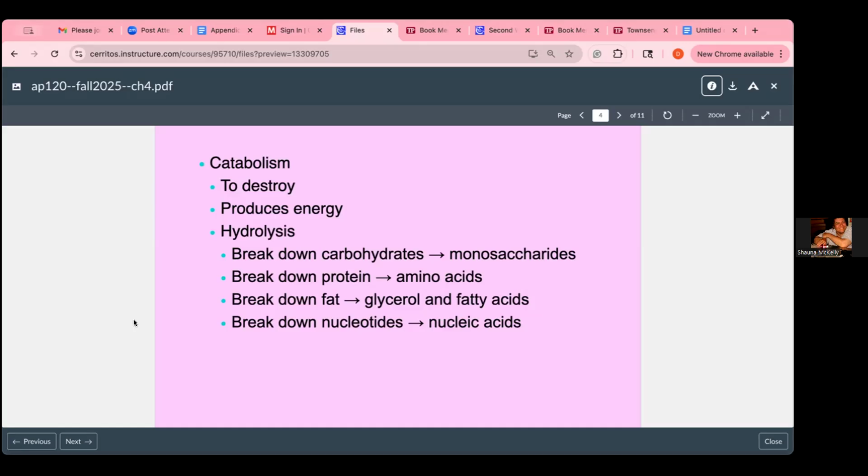Glycogen, because that's what your instructor said. Okay, so now this type of reaction here, the dehydration synthesis, I'm gonna make this bold.